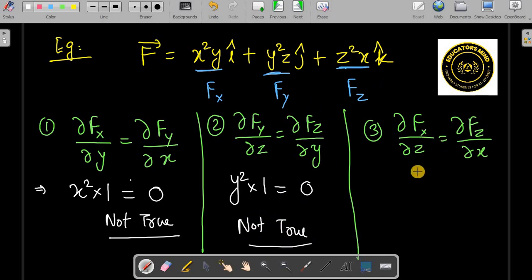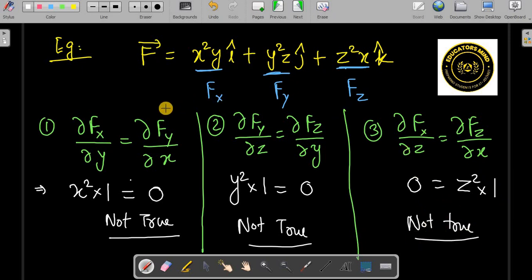Similarly, for the last one, Fx is x square y; with respect to z, there is only an x and y term, so differentiation with respect to z will be 0. Fz with respect to x: z square x, so z square is constant and we take it out, but x with respect to x is 1. So again this is not true. None of these are true.